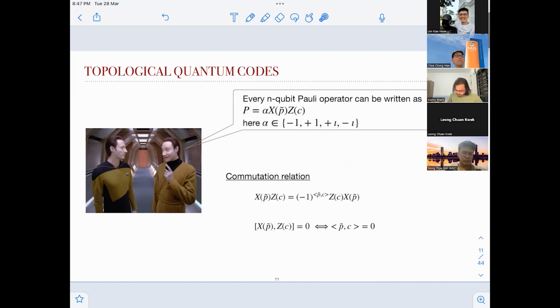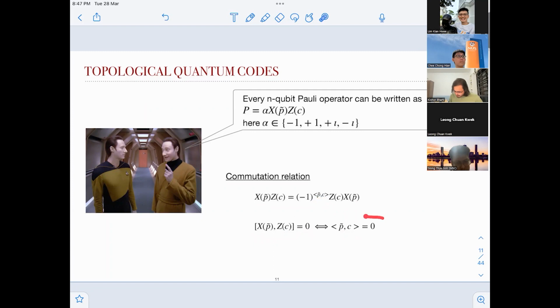Now, if you look at the inner product between X and Z, modulo 2, then XZ equal to 0 means they will commute.